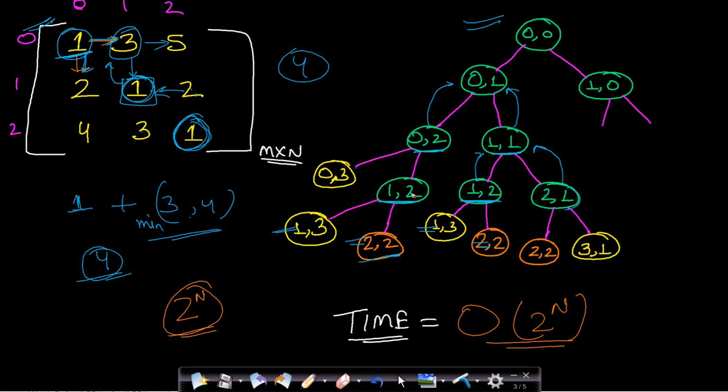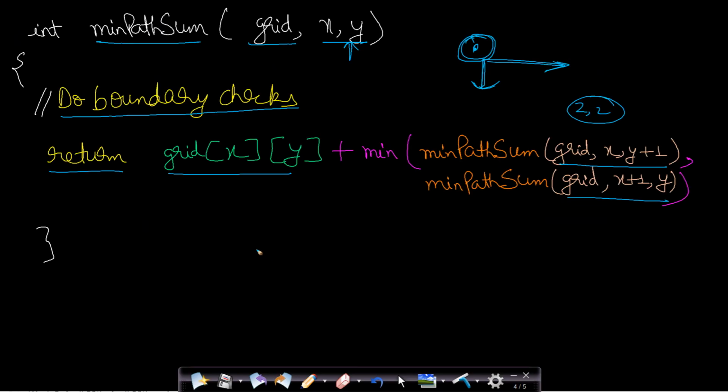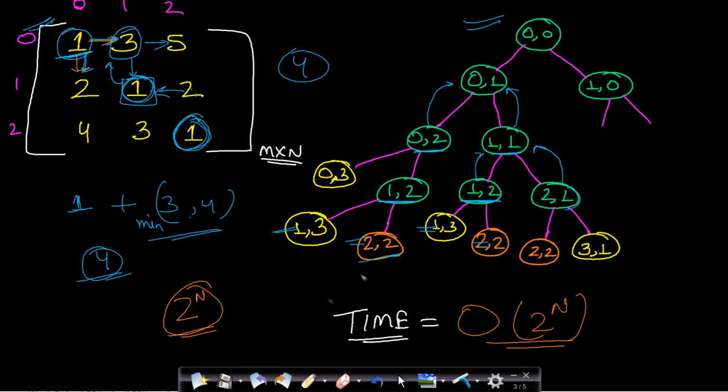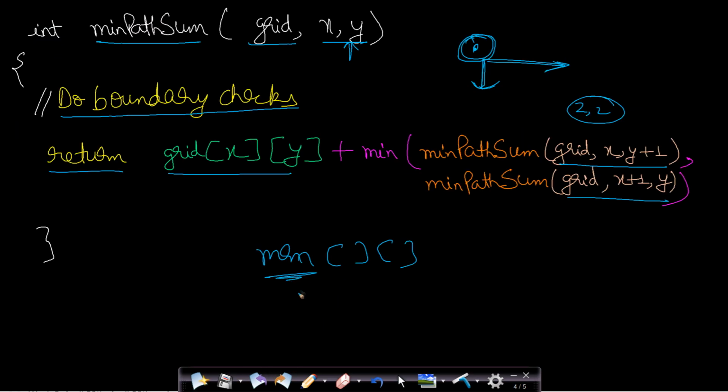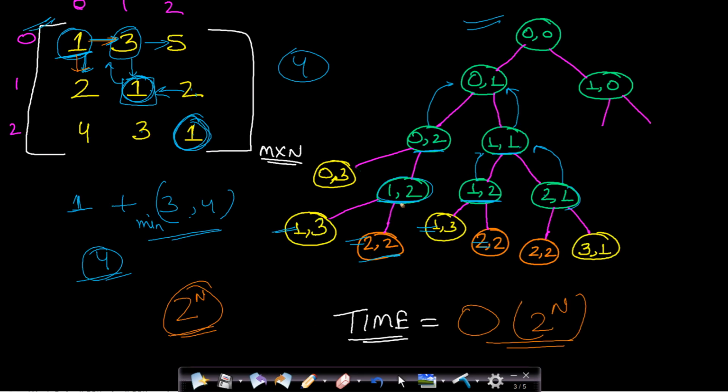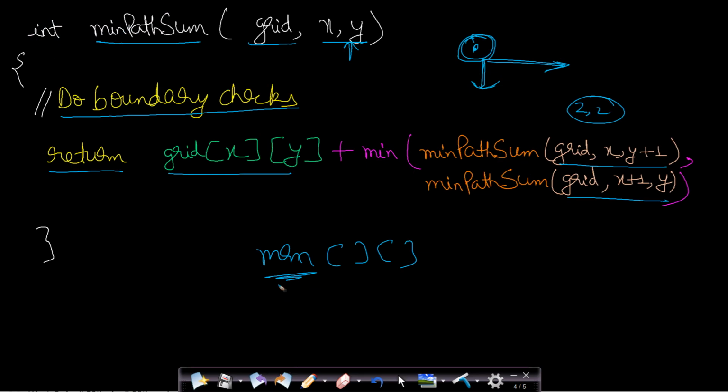Before applying dynamic programming, you can also apply the memoization technique, where you take a two-dimensional memoization array, and whenever you solve a node, you store it in this memoization array, and whenever a call is made to the same node, you can just look up the value from this memoized array and return it.